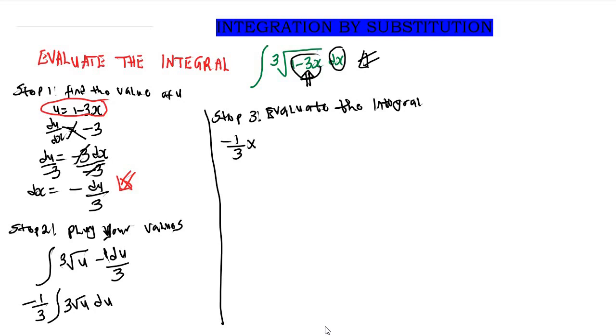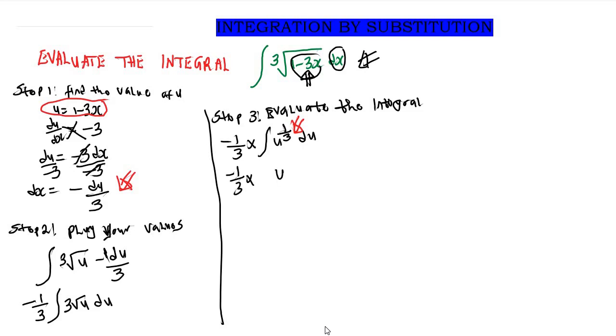Now we know that the cube root of u can also be written as u raised to the power of 1 over 3, and then du. As you can see, we can easily take the integral of u raised to the power of 1 over 3.